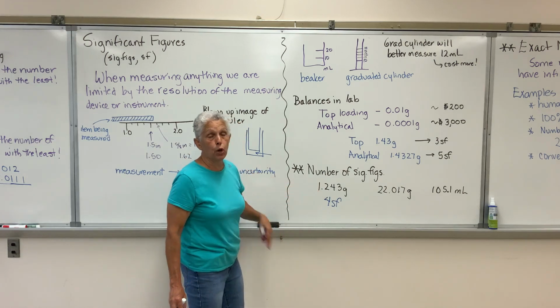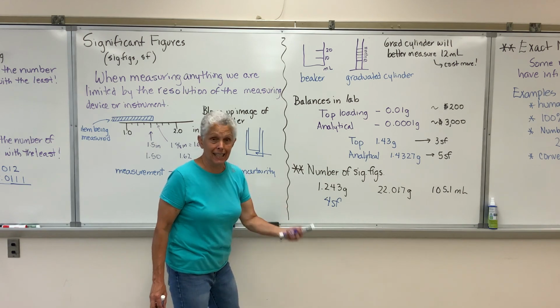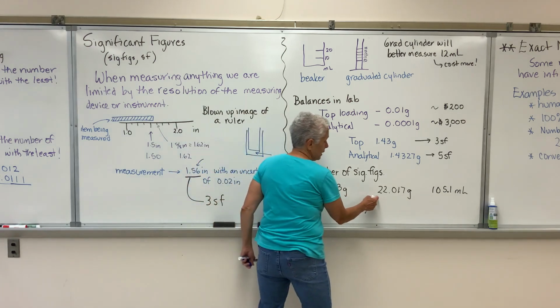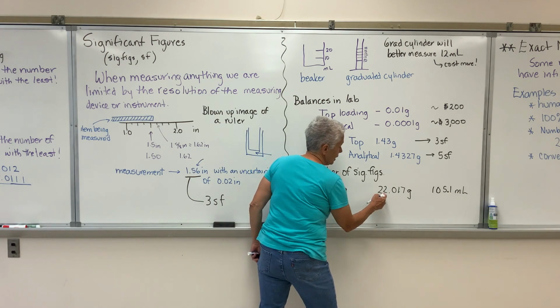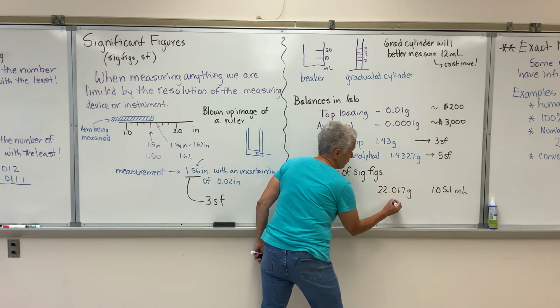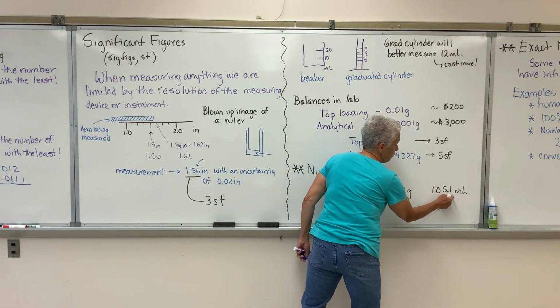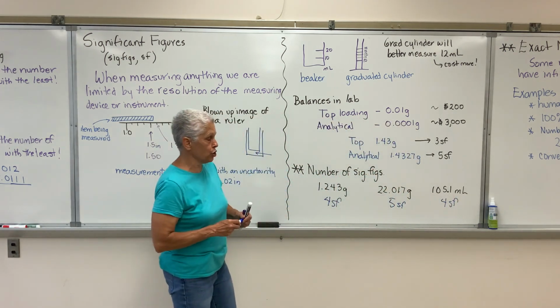A given number, I gave you 1.243 grams in an exam, then you go, hey, it has 4 sig figs. All right, zeros in between numbers count, right? So it has 1, 2, 3, 4, 5. 5 SF. And this has 1, 2, 3, 4. 4 SF. All right, so that's fairly straightforward.